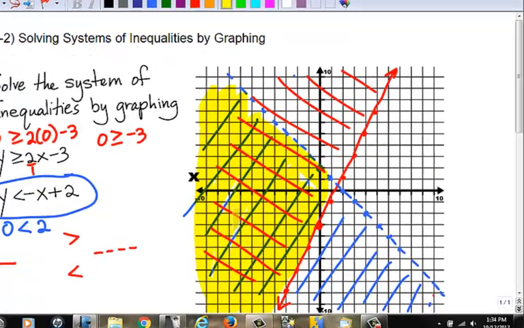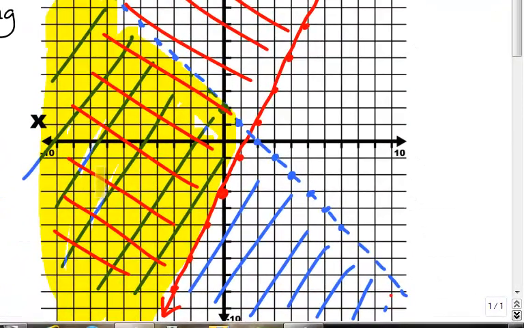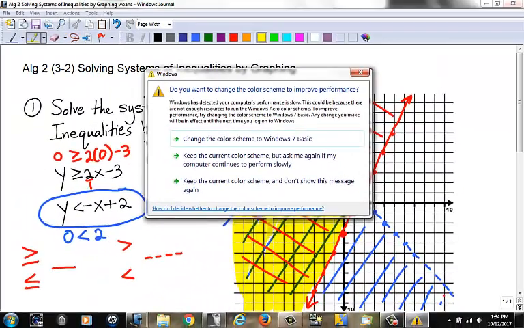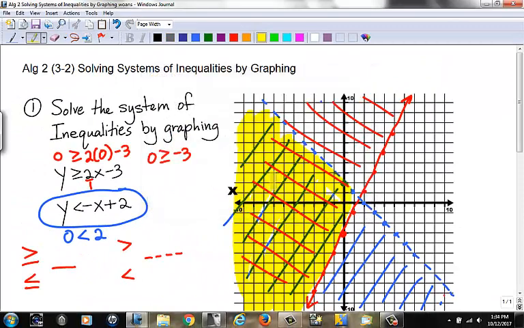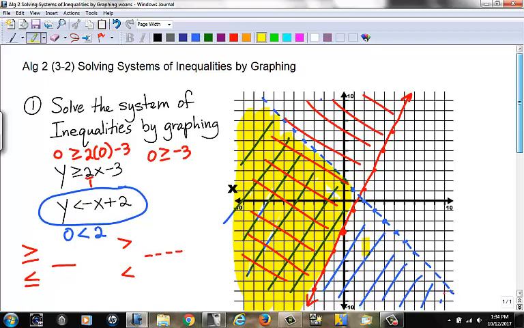So now that means any point in that cross-hatched section would work in both inequalities. Anything out in the other part would make one of them false. So where it's the overlap, that's where it's true. Okay on that one? Let's go to the next one.